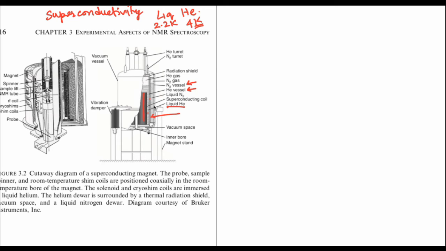In order to ensure that the helium doesn't boil off very fast, you have another layer of liquid nitrogen, because nitrogen is cheap. We minimize the amount of liquid helium that vaporizes by using the liquid nitrogen right outside.